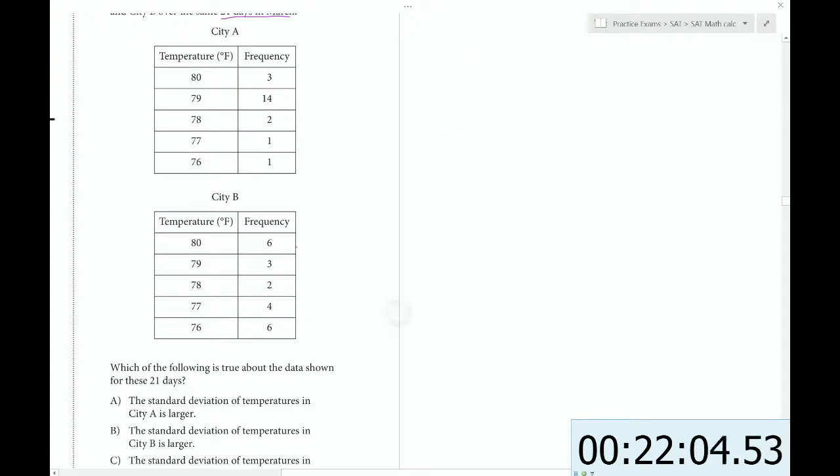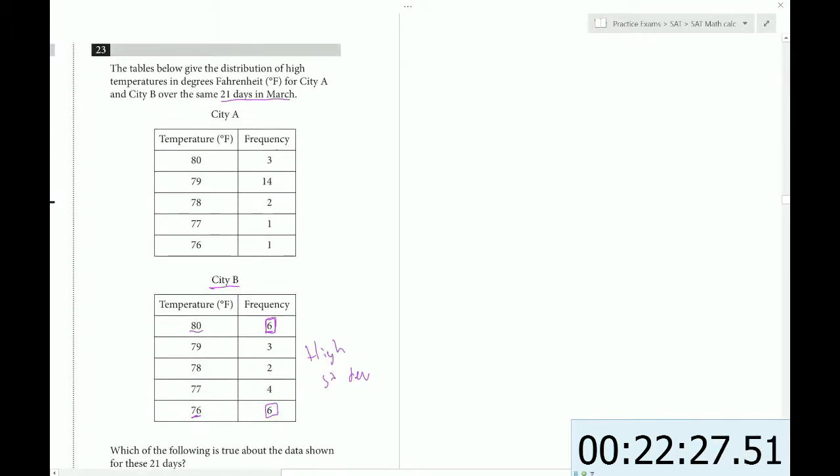So if you notice, in city B, there are 6 individuals that all have 80. And then there are 6 individual days here that have a temperature of 76. So a lot of our data is on the extremes. Okay, so for this we would say this has a high standard deviation.